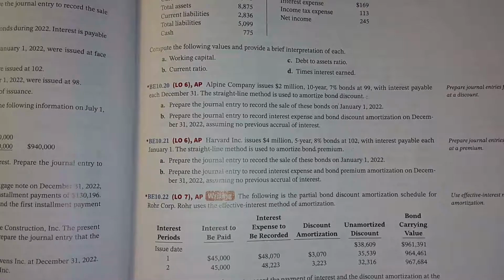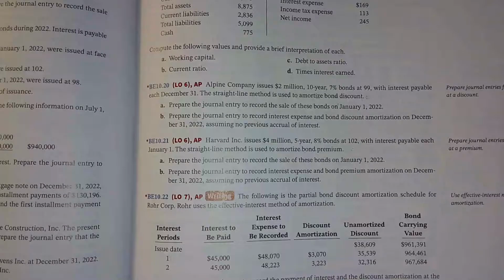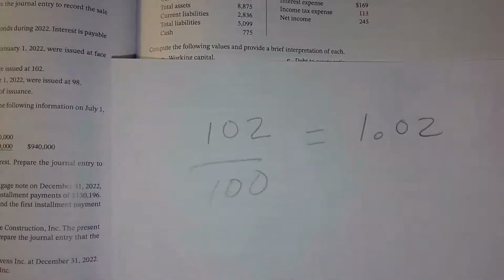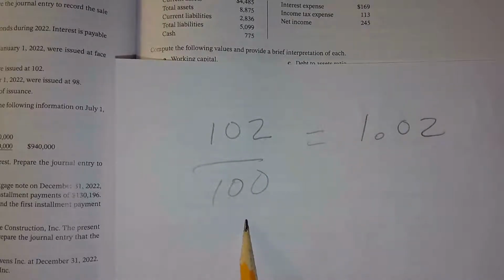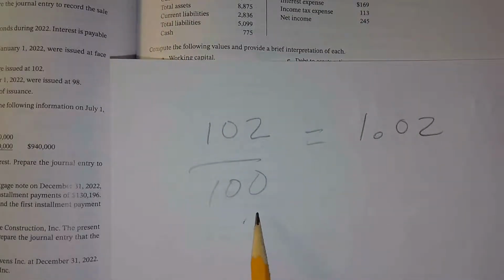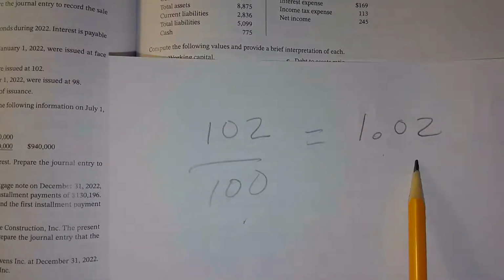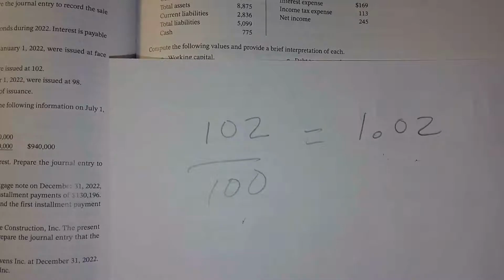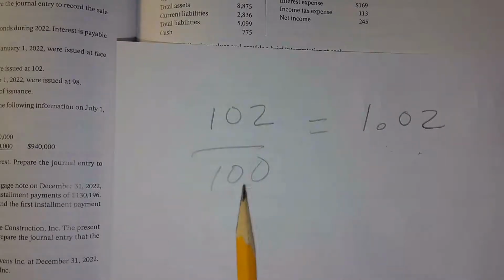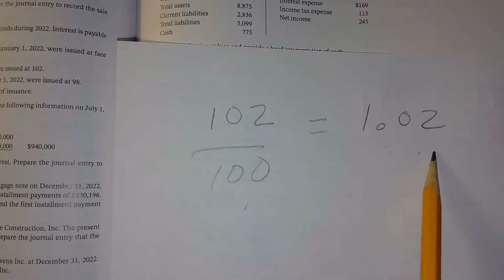Again, if you don't have a percentage button on your calculator, first thing you want to do is take that 102 and divide it by 100. So it's always going to be divided by 100. What that does is it makes it 1.02. The other one was a 99 bond, and so we also divided by 100 and it came out to 99%. This one, we're going to take the 102 divided by 100 and it comes out to 1.02.